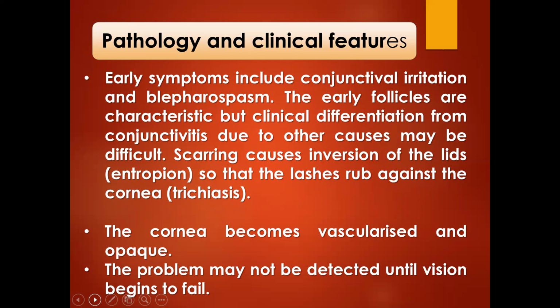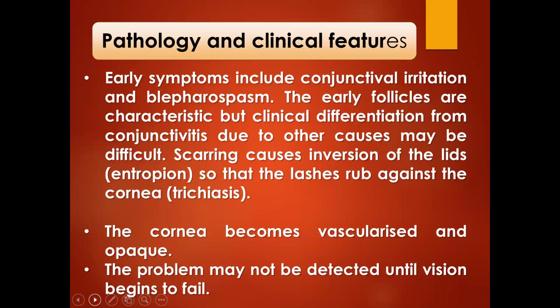However, as this follicle continues, it can lead to scar formation, which will now cause the inversion of the lids, known as entropion, so that the lashes now rub against the corneal surface, known as trichiasis.